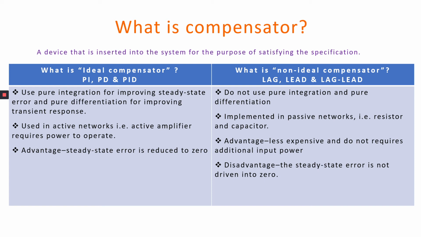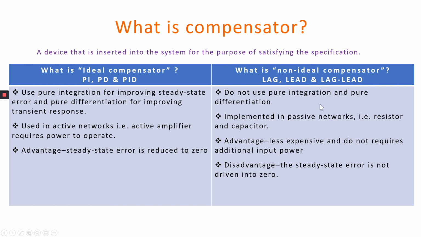These compensators, which can be implemented with passive elements such as resistors and capacitors, do not use pure integration and differentiation, and are not ideal compensators. We call them non-ideal compensators, and they are lag, lead, and lag lead.